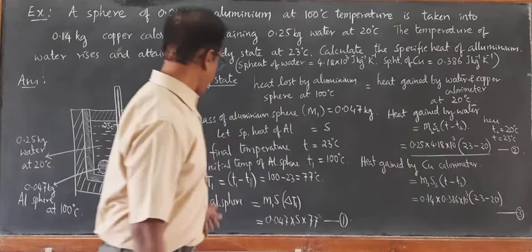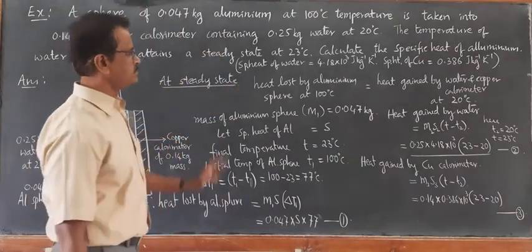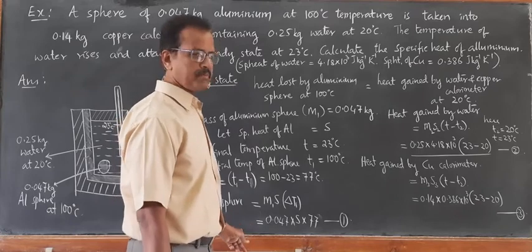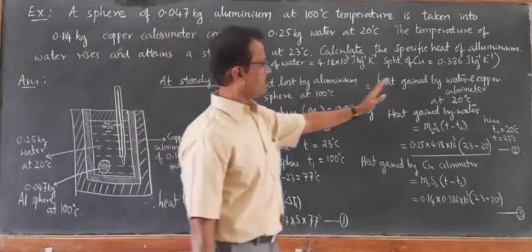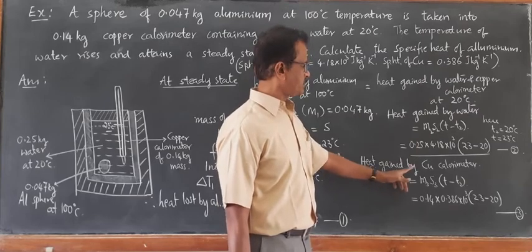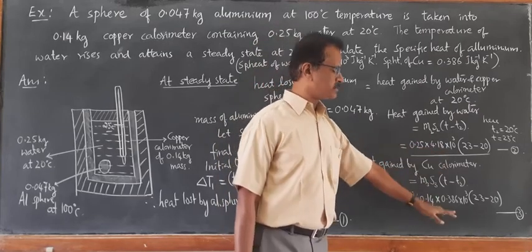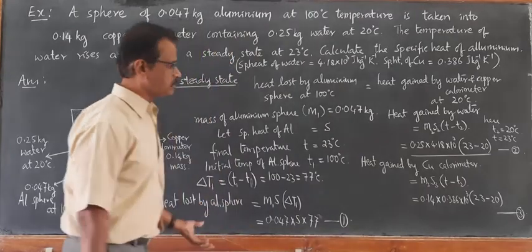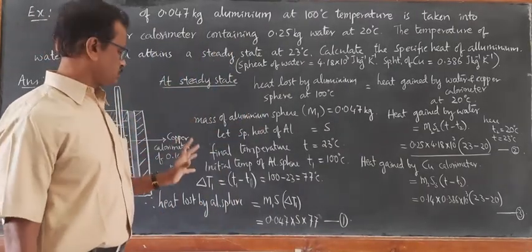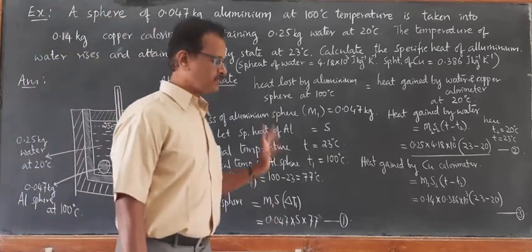At steady state, we apply the principle of calorimetry. Heat lost by aluminum, given by equation number 1, is equal to heat gained by water and copper calorimeter, given by equation number 2 plus equation number 3. That helps us to calculate the specific heat of aluminium.